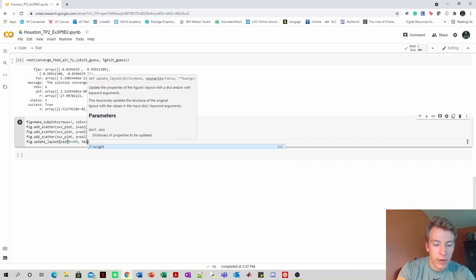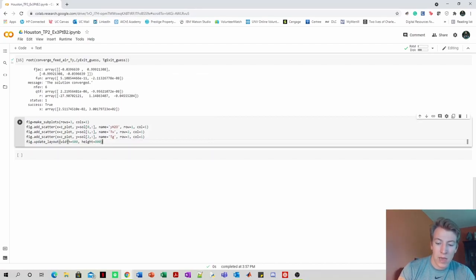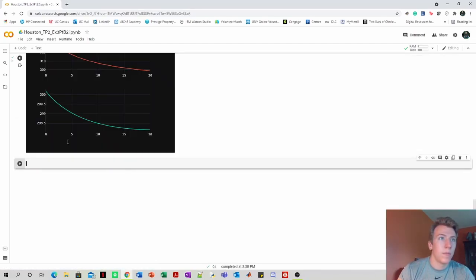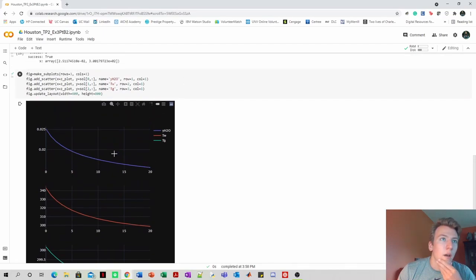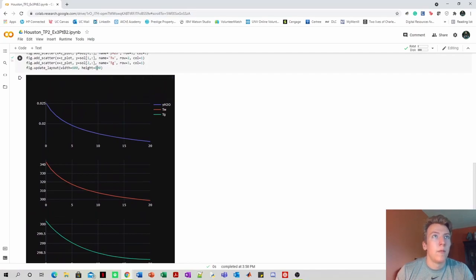Height, yeah, there we go. Equaling 800 maybe. Okay. And let's just see it now. Okay, that's somewhat better. And then we can mess around with the dimensions. So we can go higher maybe on the height to like 900 and see how that goes.